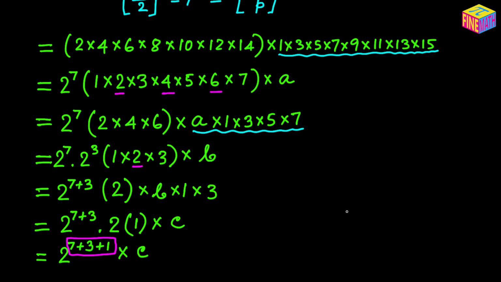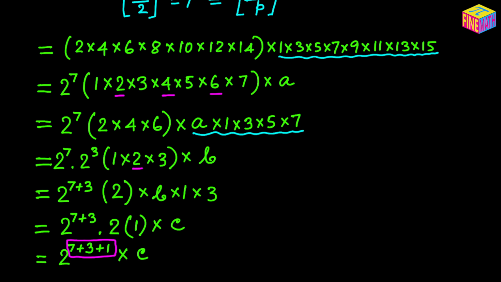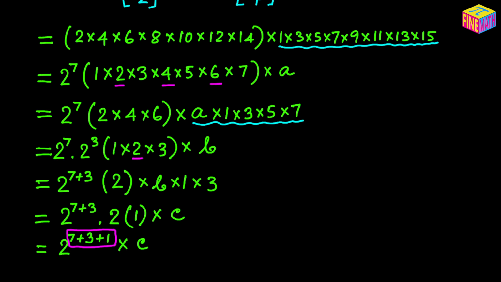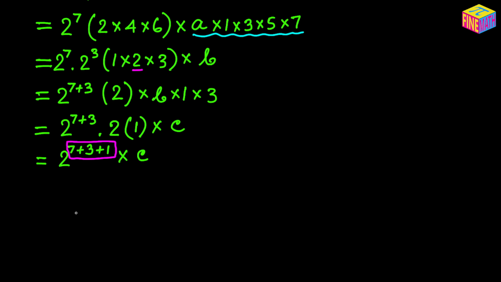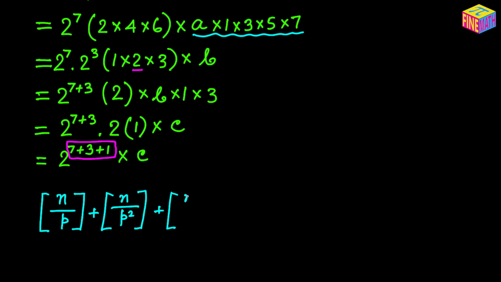Now if we try it in the formula that we had, the formula like this: n divided by p, greatest integer, plus again n divided by p squared, greatest integer, plus n divided by p cubed, greatest integer, and so on. So here if we use 15 in place of n, what do we get?